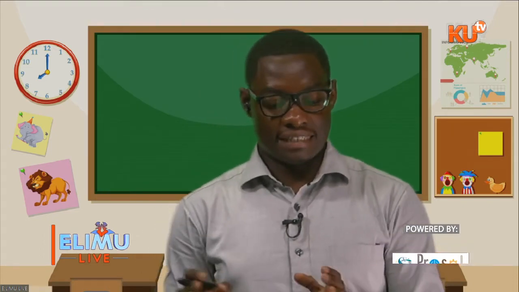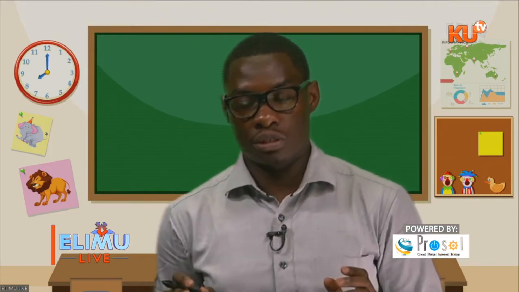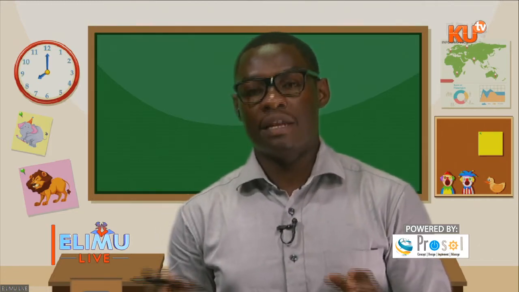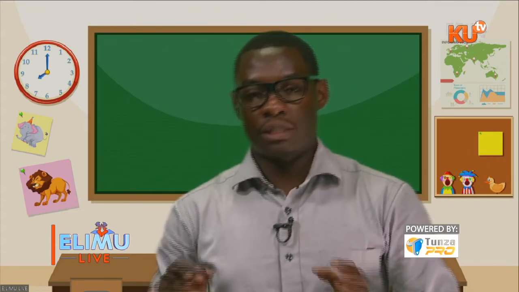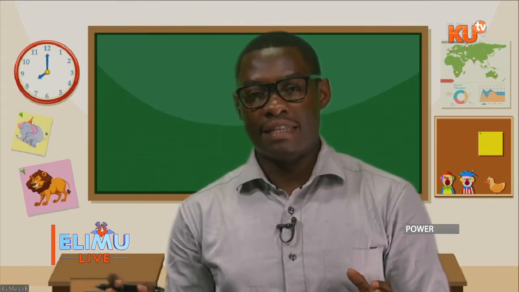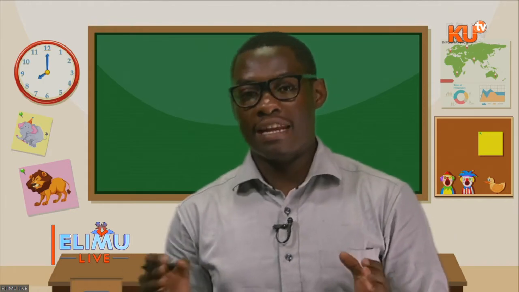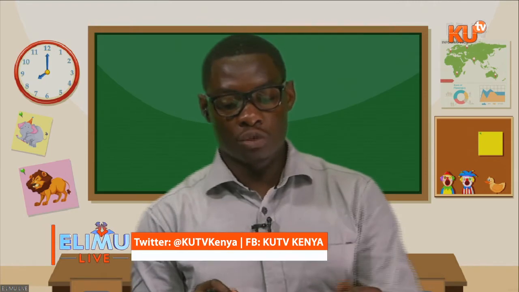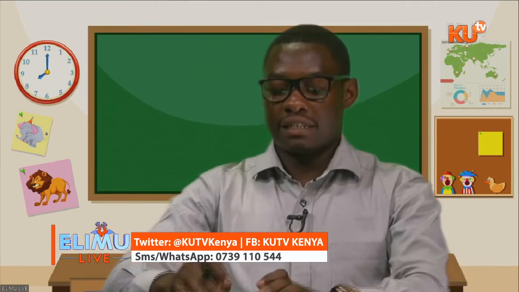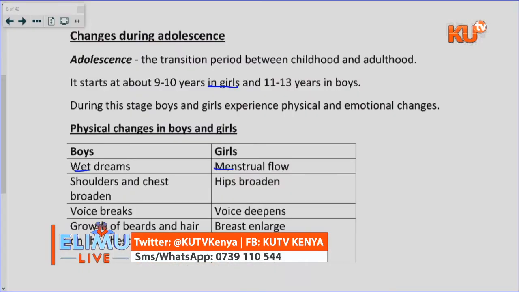And that is what girls start to experience during their adolescence, and most of them start to feel embarrassed. But don't get embarrassed, girls. This is very normal, and every other adult woman underwent the same. So you just take the necessary precaution that you know.